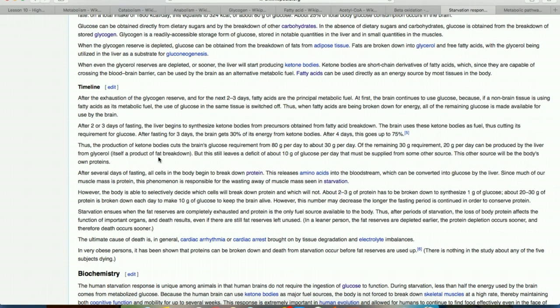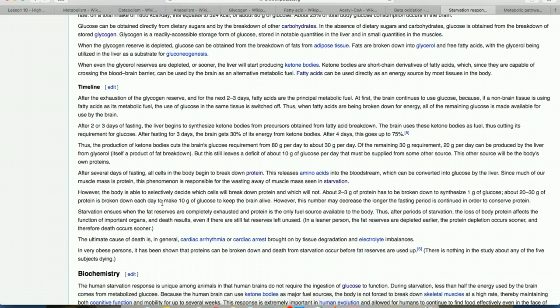I don't know what they are. After several days of fasting, all cells in the body begin to break down proteins. This releases amino acids into the bloodstream, which can be converted into glucose by the liver. Since much of our muscle mass is protein, this phenomenon is responsible for the wasting away of muscle mass seen in starvation. So you don't want to get to that point.